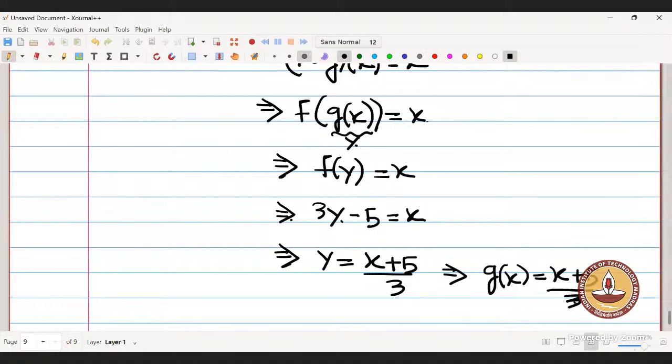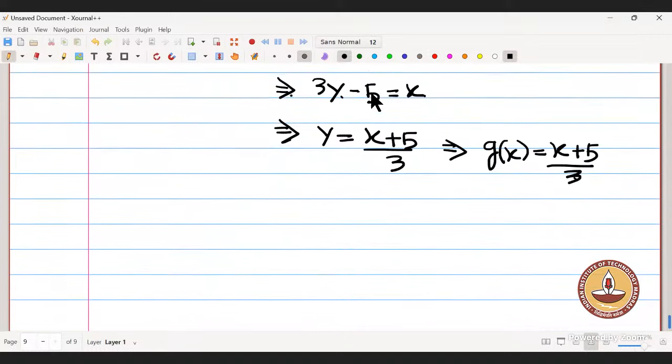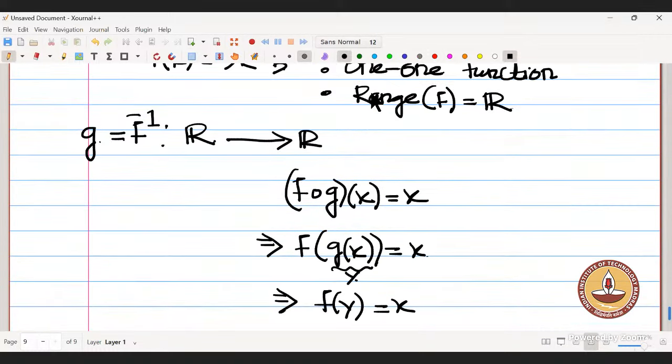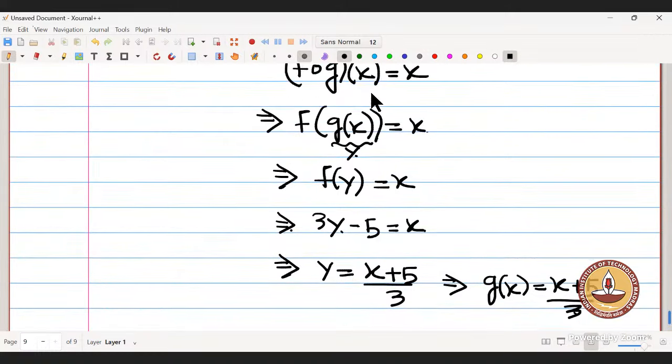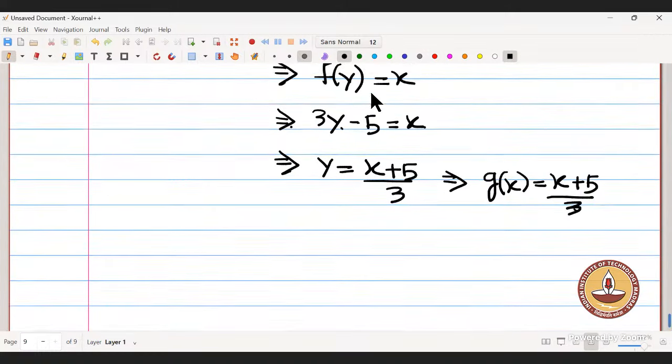So as you can see, this is the inverse of this function. And similarly, we have to take the opposite also, g of f of x. Yeah, g of f of x also, you will get the same thing.